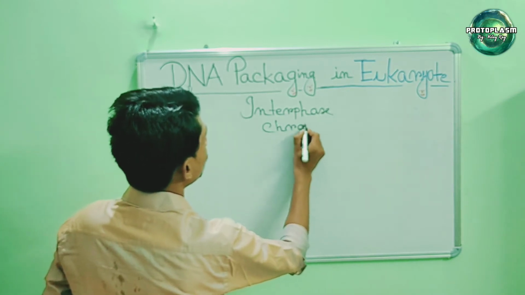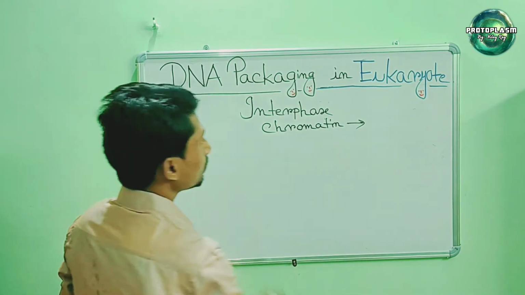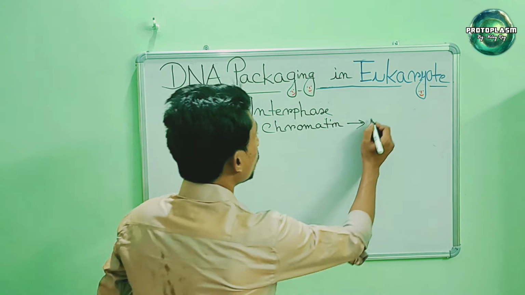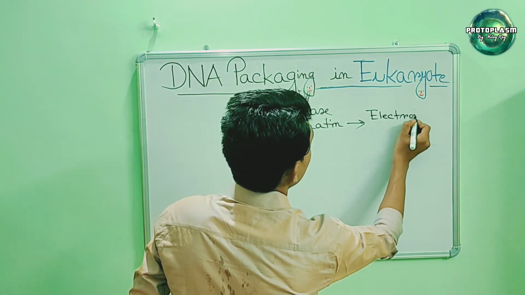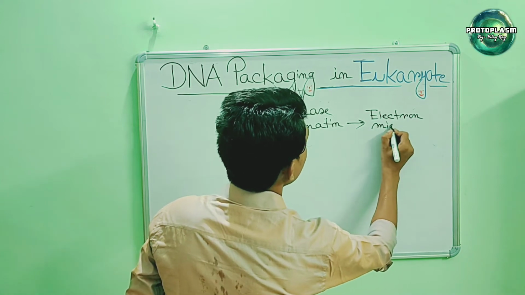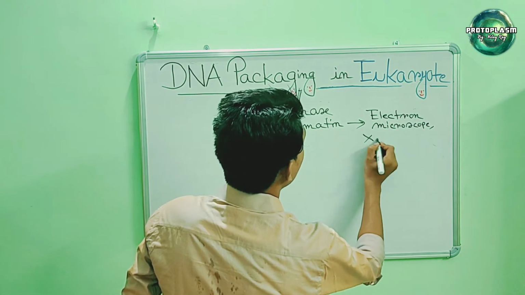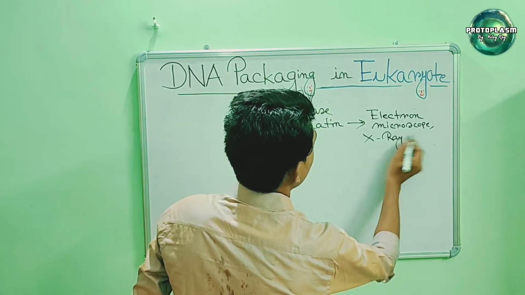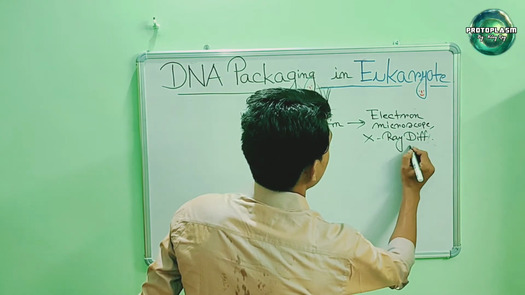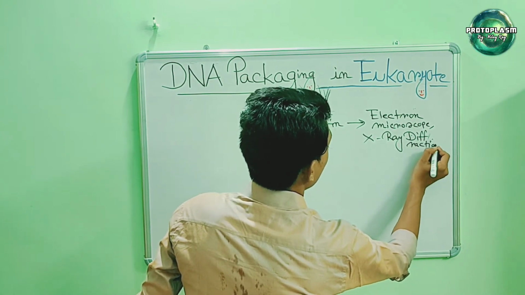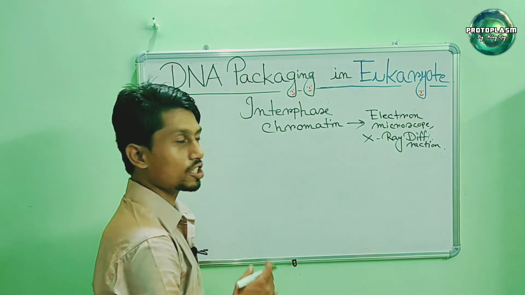The interphase chromatin is studied by electron microscopy and X-ray diffraction imaging, which was used by scientists Watson and Crick for revealing the double helical structure of DNA.